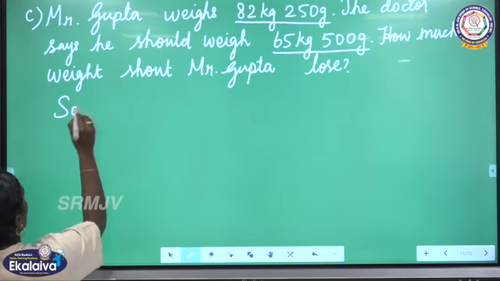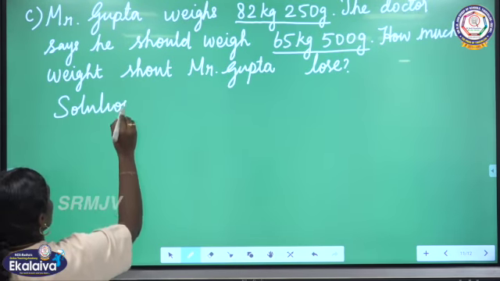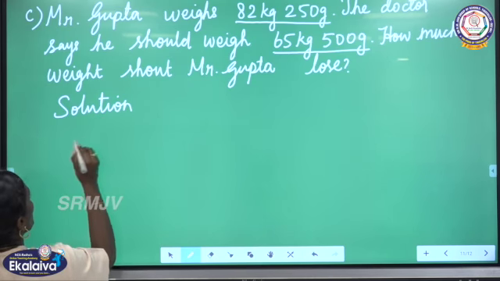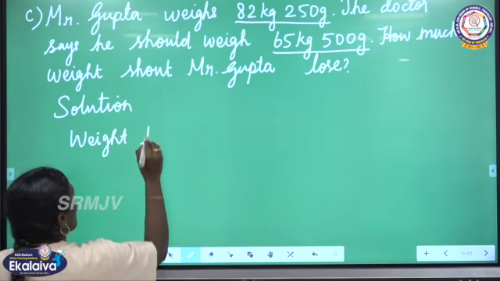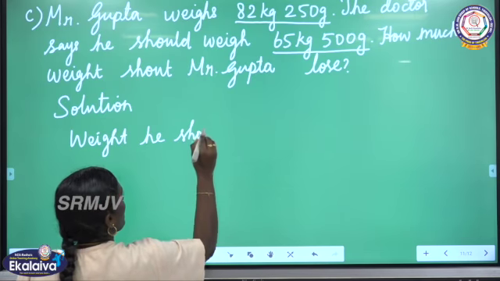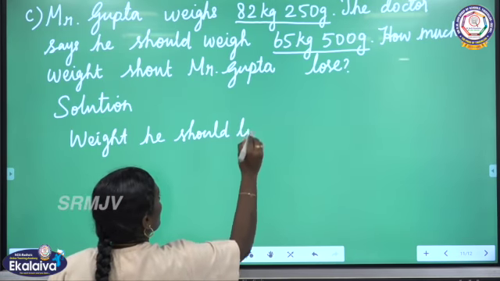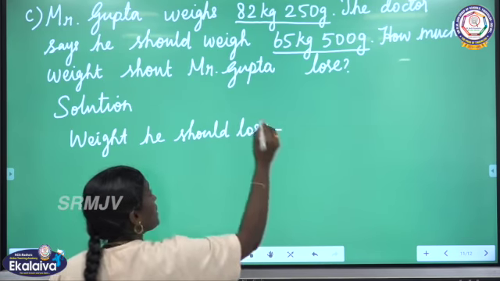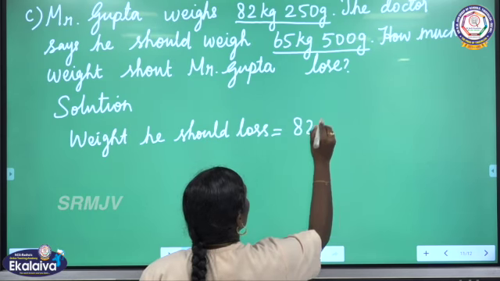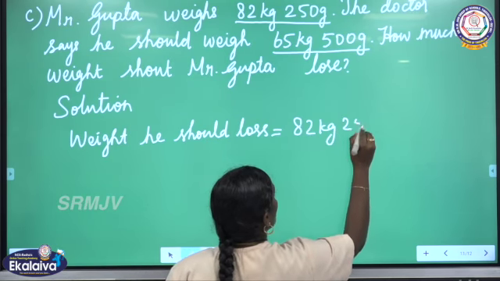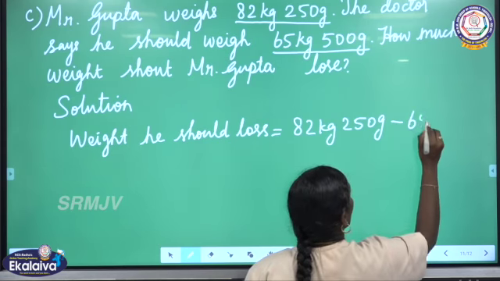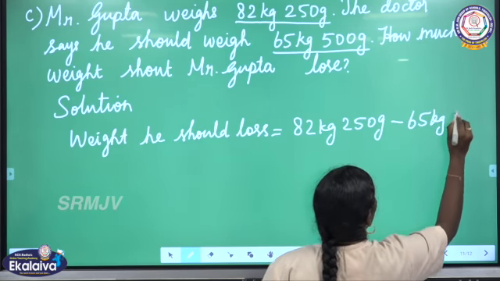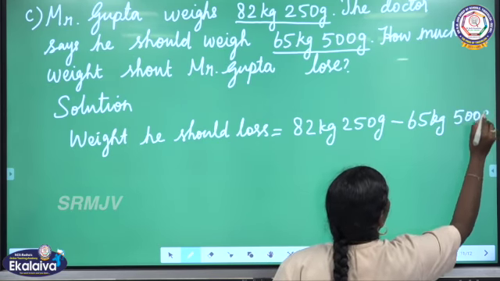Okay, let us start the solution. We are going to find out the weight he should lose. For that, from his weight 82 kilogram and 250 gram, we have to subtract 65 kilogram and 500 gram.